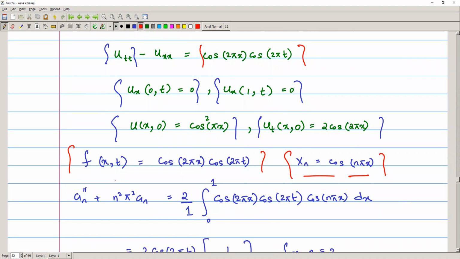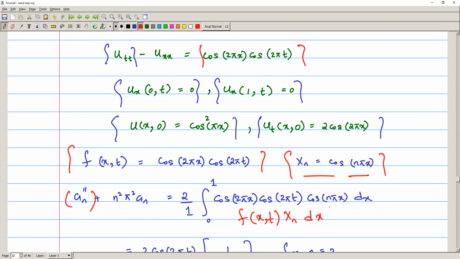Now we know that for this case, a wave equation, we have the double derivative of u with respect to time. Therefore, we have a_n double prime plus n squared pi squared a_n is equal to the Fourier integral of the function f(x, t) times the eigenfunction with respect to dx.